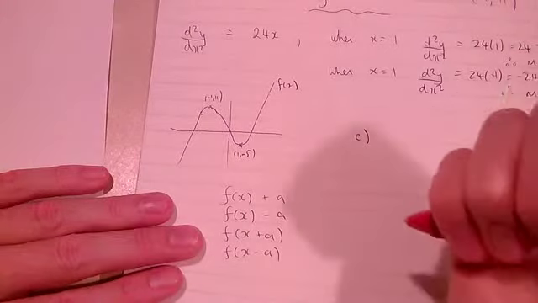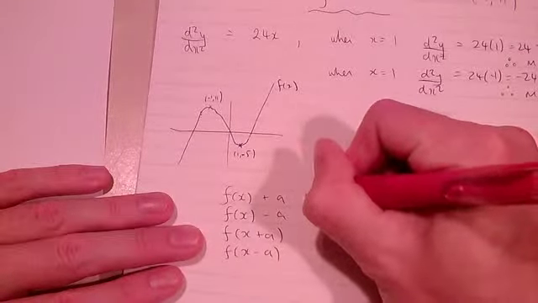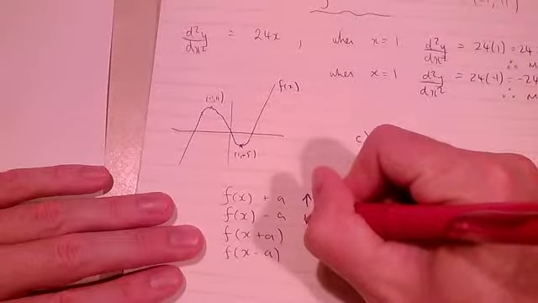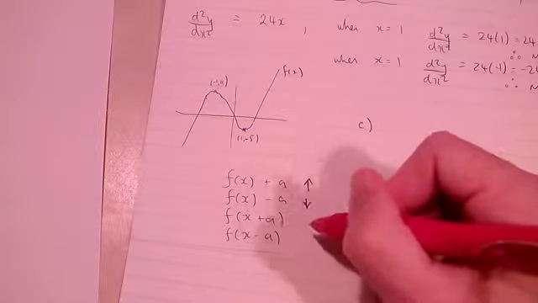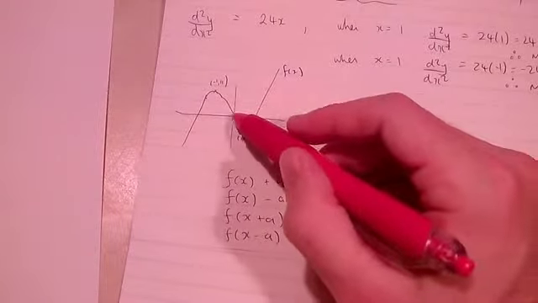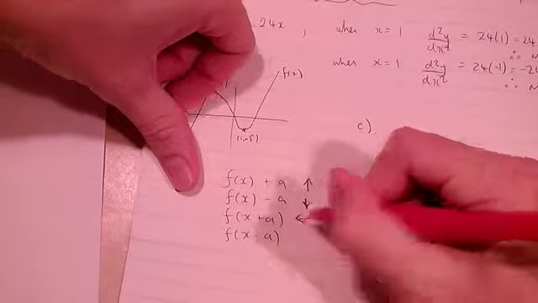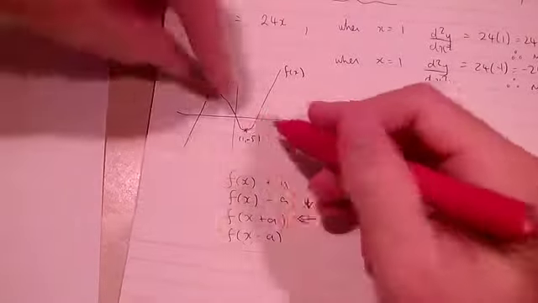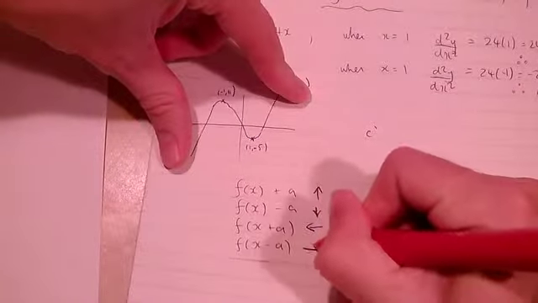Now when the a is outside the bracket, it does what you expect, and it either moves it up or it moves it down. When it's inside the bracket, it moves it left or right instead, and it does the opposite of what you expect. So if I was adding 1, I'd expect to move 1 across this way, but because it does the opposite of what I expect, it moves this way. Whereas with this one, you expect subtracting 1 to move backwards 1. It does the opposite of what you expect.